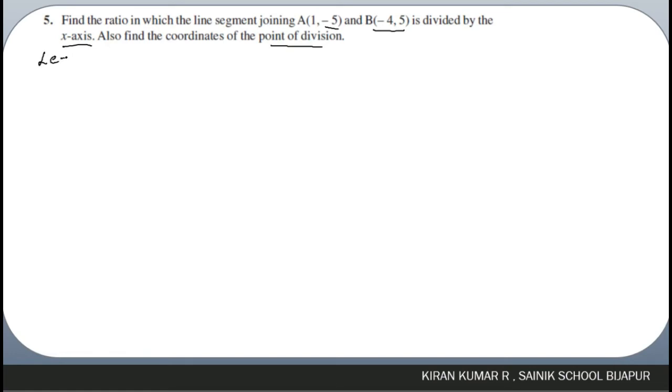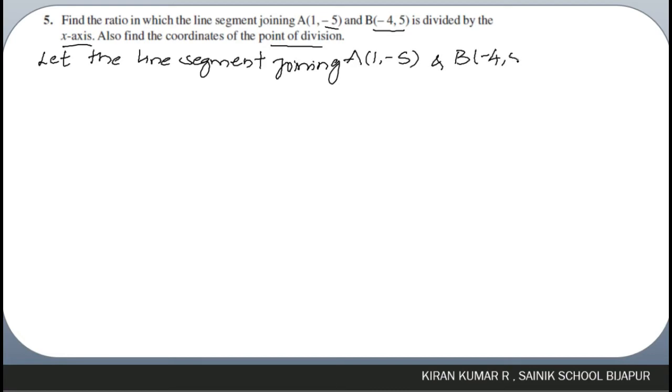So let the line segment joining A 1, -5 and B -4, 5 be divided by the x-axis at point, I'll just mention as point P.